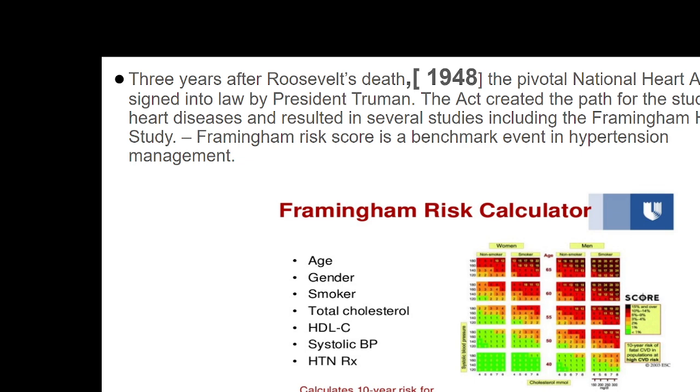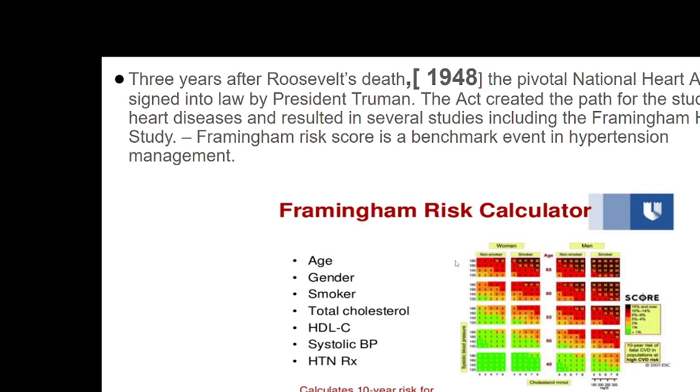and that National Heart Act established a method of assessing the risk of the circulatory pressure, and this is considered the Framingham Heart Study. The Framingham risk score is one of the basic tools, and the risk of cardiac pathology is calculated by assessing age, gender, smoker, cholesterol level, HDL-C, systolic blood pressure, and hypertension medicines.